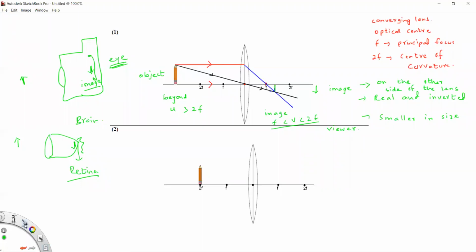And one more thing we need to understand is that this is a physical image. The image inside the lens of a camera is a physical image. For example, if you are sitting in a cinema, this is the projector and this is the screen. What you see is a physical existence of the image through a lens.